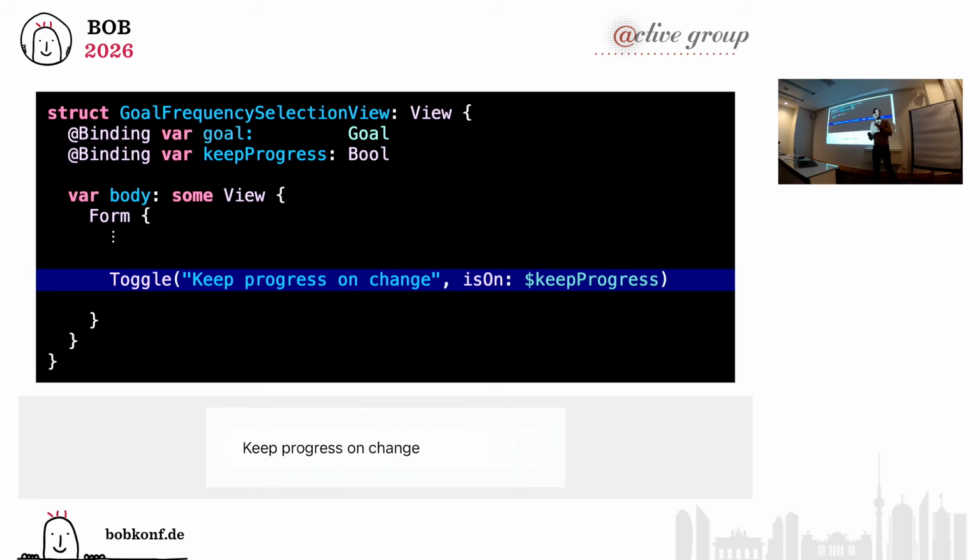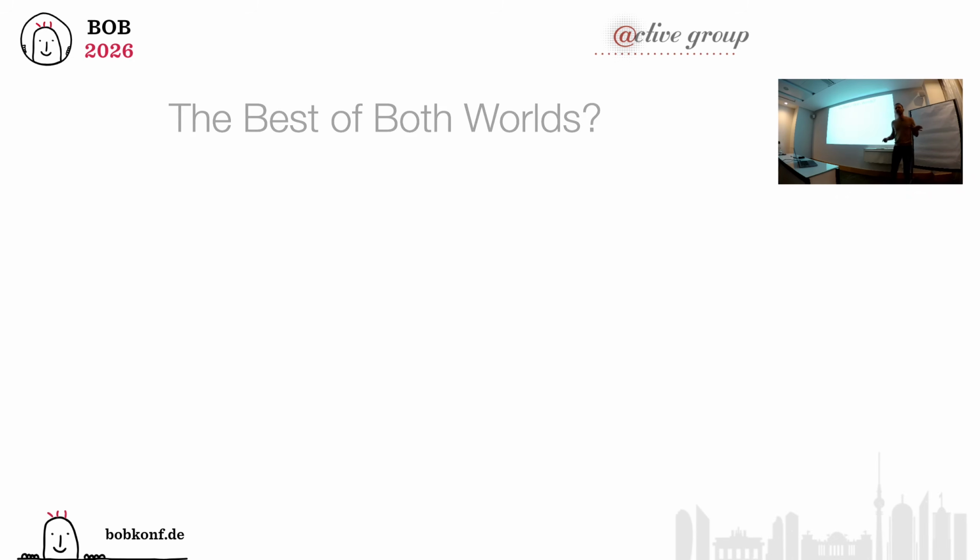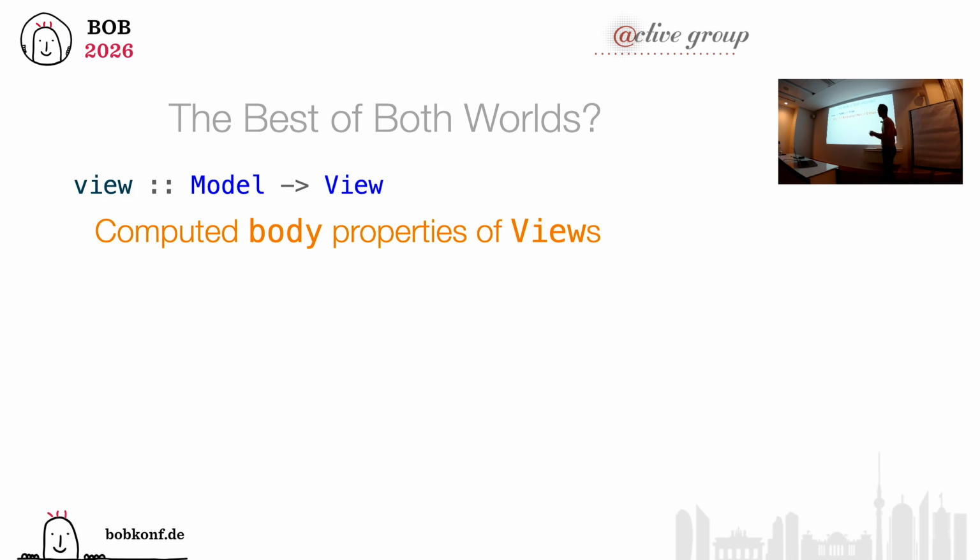OK, and that's actually all the basics for SwiftUI. It's actually conceptually a very simple framework. So you could argue that it combines the best of both worlds. We have kind of a view function, but not one view function, but all the body properties taken together give us the overall view function, and it's nicely chopped up modular per view.